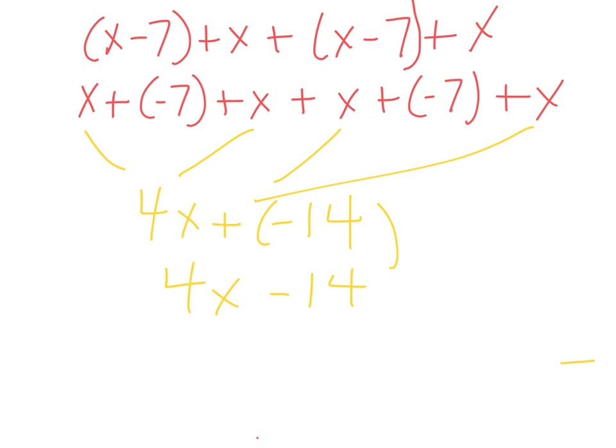So I had x plus the negative 7, brought down the plus x here, plus the negative x that's here, plus x right there. I combined all my like terms, so that's 4x, and then the negative x plus the negative x is, plus negative 14, and a negative is negative, so 4x minus 14.